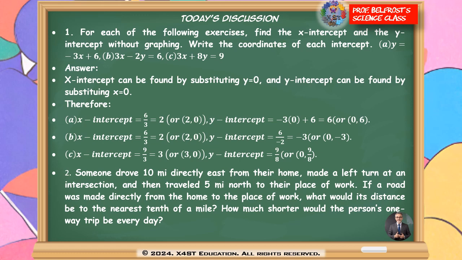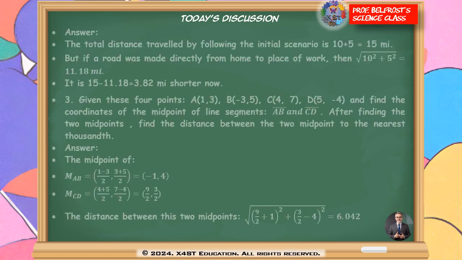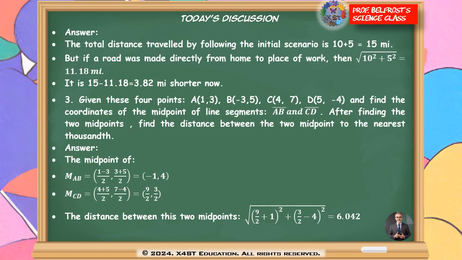Number two: someone drove 10 miles east from their home, made a left turn at an intersection and traveled 5 miles north to the place of work.